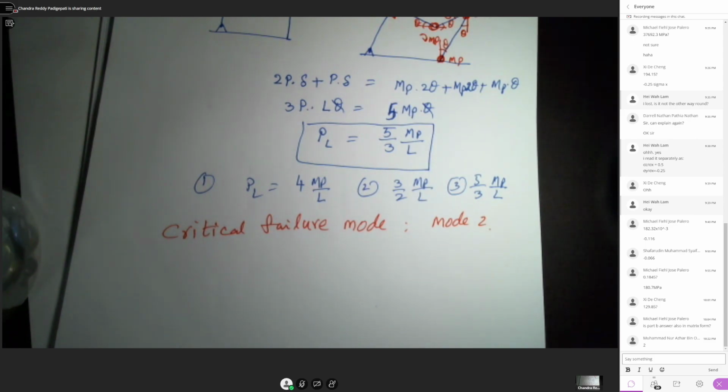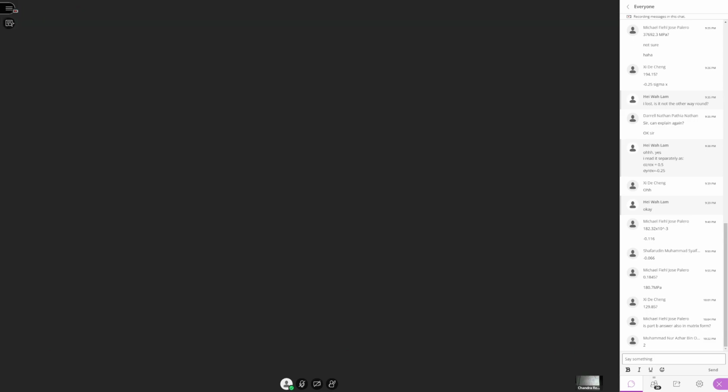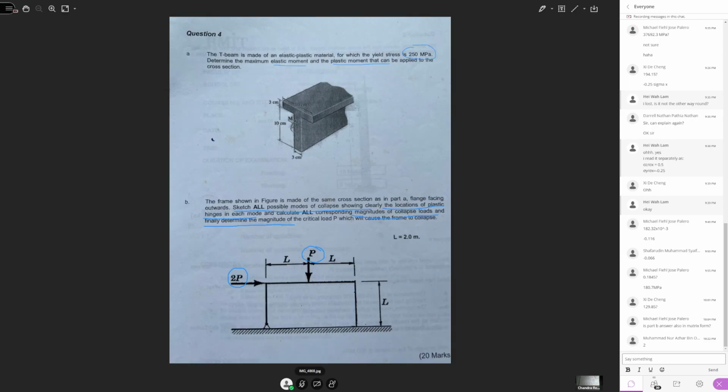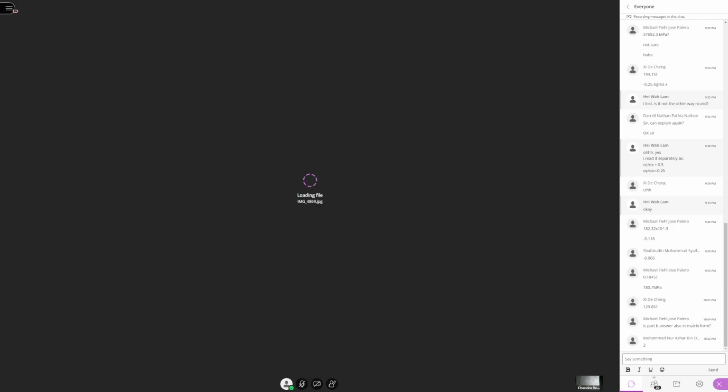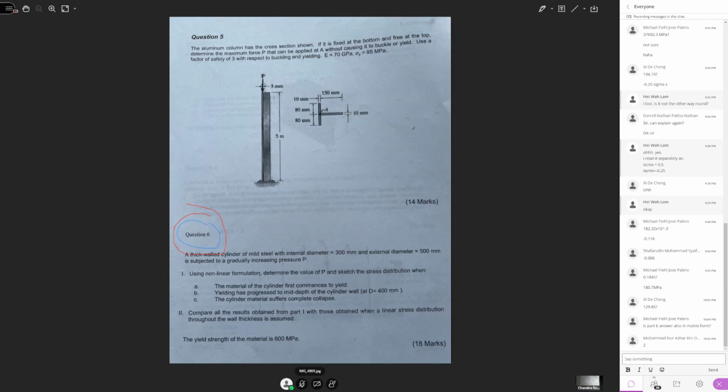All right, so I go back to the question. We have done part B completely. Now I said the 4A is very similar to the assignment question, so you can work on that. Then question 5 and 6. Question 5 is calculating the buckling of columns.